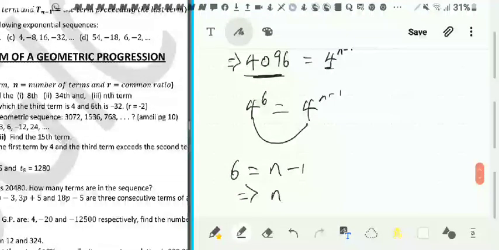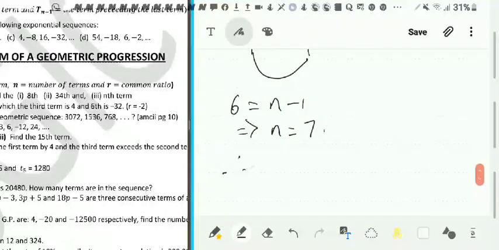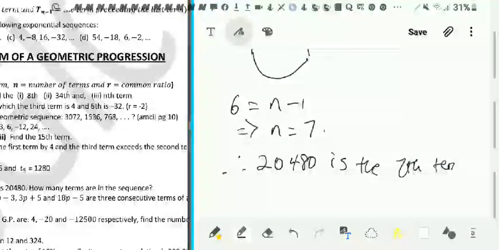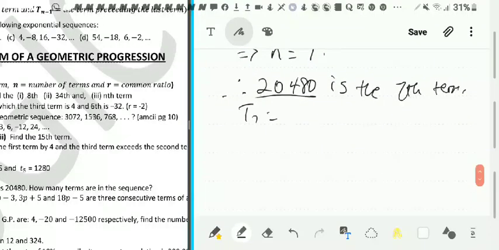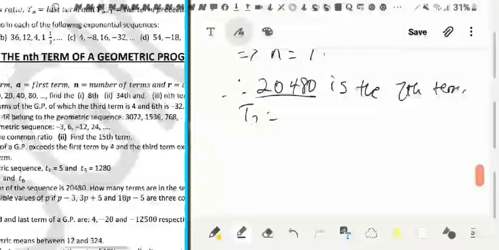This implies that n is equal to 7. So therefore, 20480 is the 7th term. You can cross check on your own: just check T7, substitute inside the formula and see whether you will get 20480. I won't do that because of my time.